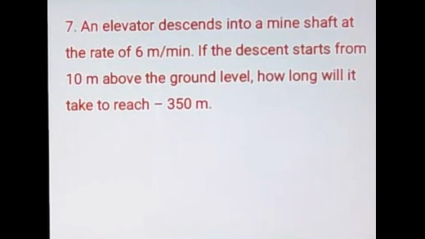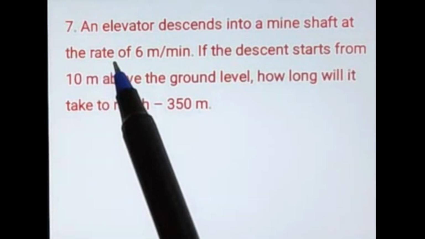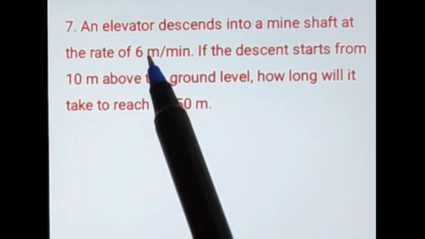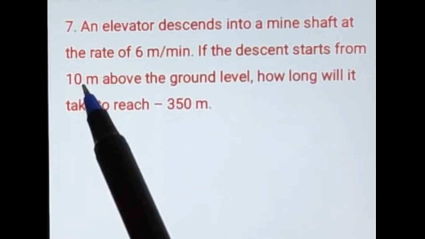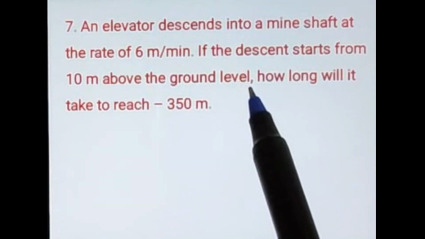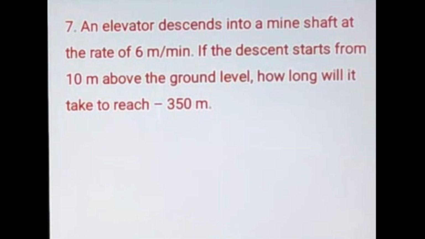So we have the last question from exercise 1.4. Alright. So let us solve this one also. Question number 7 states that an elevator descends into a mine shaft at the rate of 6 meter per minute. That means it is starting from above and going down.